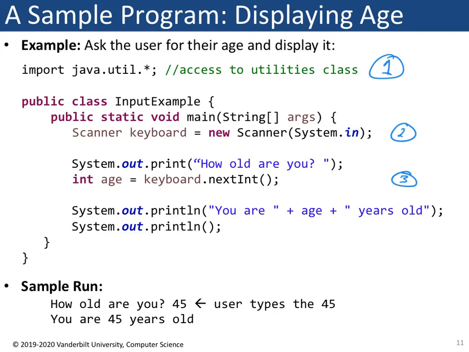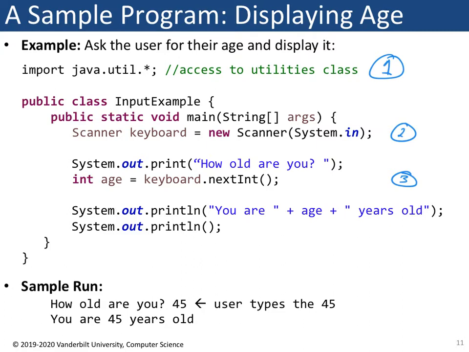So we have a string which is surrounded by double quotations. That's what we've seen before. Then we're going to use the plus operator to combine age, which is an integer, with the string, and then use another plus operator to combine another string with the resultant string plus age.